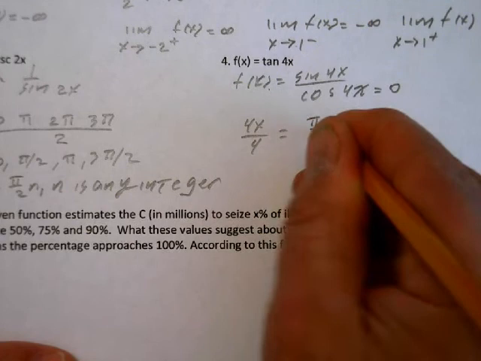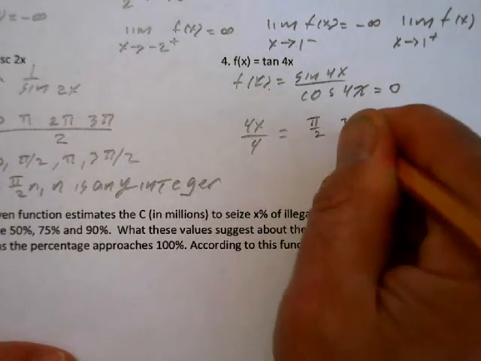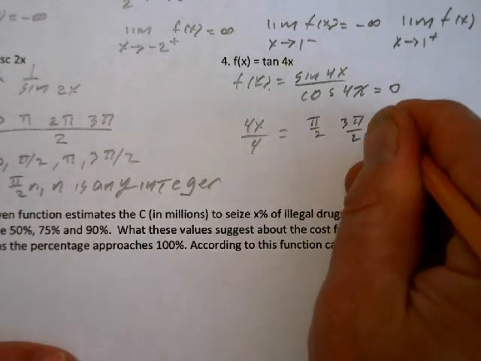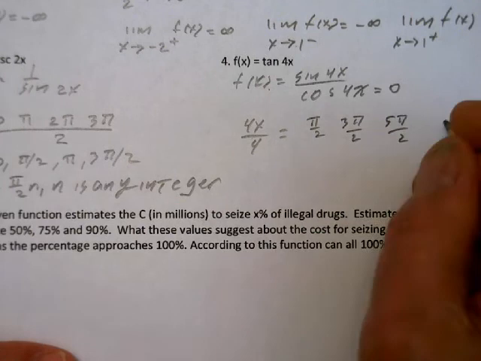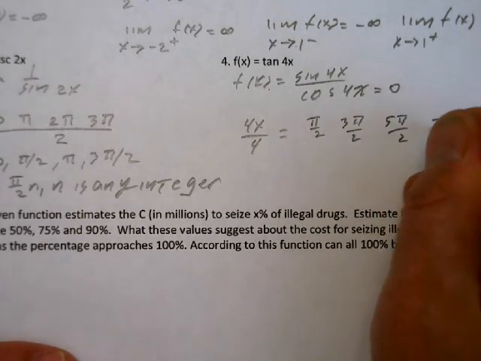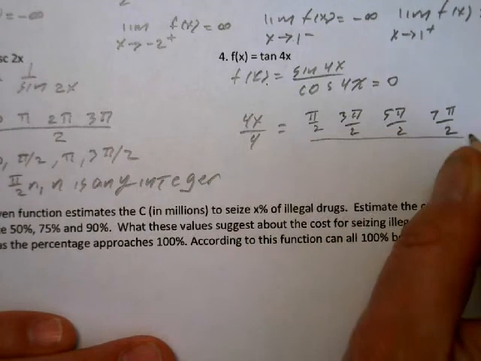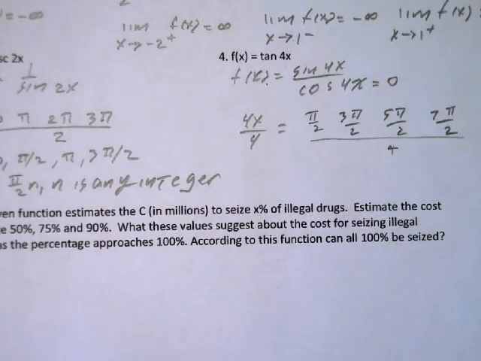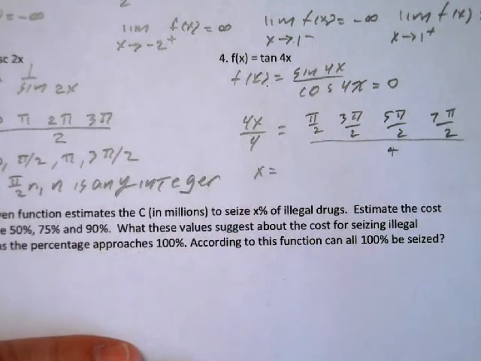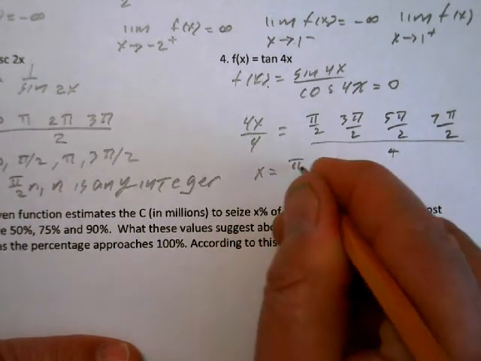So cosine x equals 0 at pi over 2, 3 pi over 2, 5 pi over 2, and 7 pi over 2, right? But now I have 4x, so I got to divide that by 4.